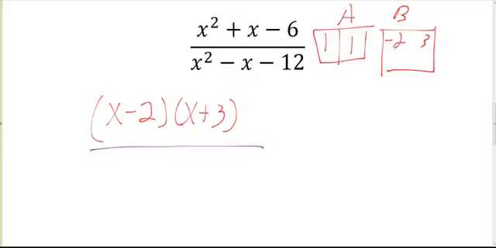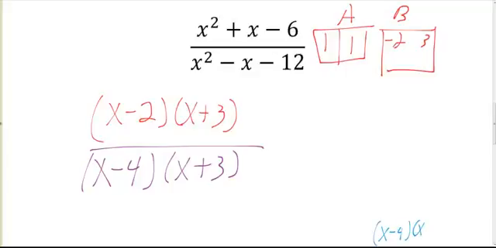Then x squared minus x minus 12, we can factor that out as x minus 4 and x plus 3. If you want to check, you can multiply these two factors together. So on the side again, to show you how you can check it, on the bottom left, we have x minus 4 times x plus 3.